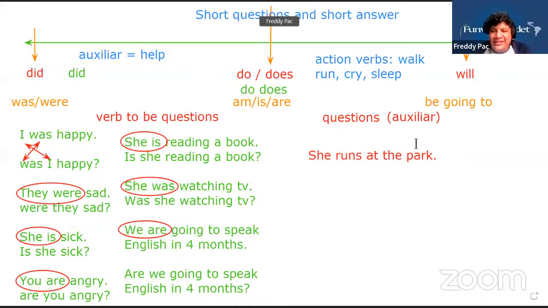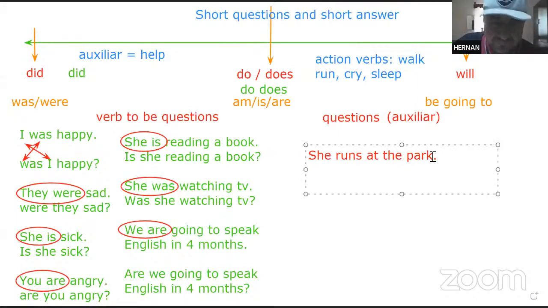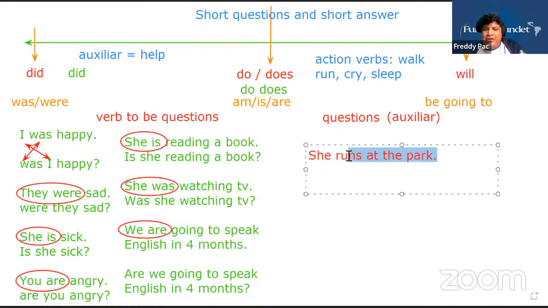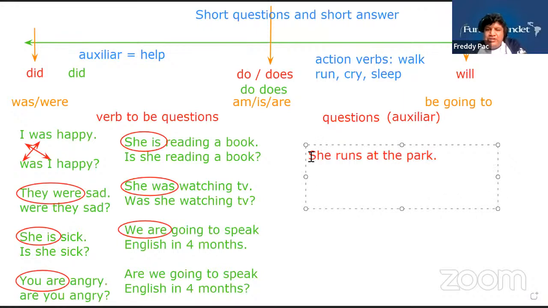So guys, how do I transform this into a question? Does she run at the park? Very good. Basically, Mr. Hernan, that was good. But I am going to follow the steps just to help your classmates. The question is that I copy the sentence and then I put the auxiliary, right?